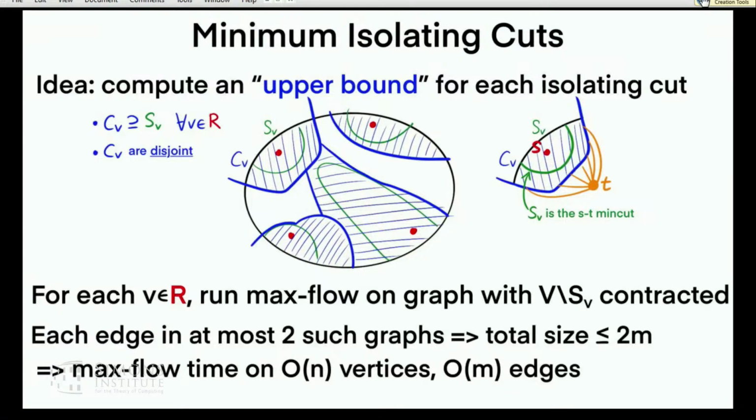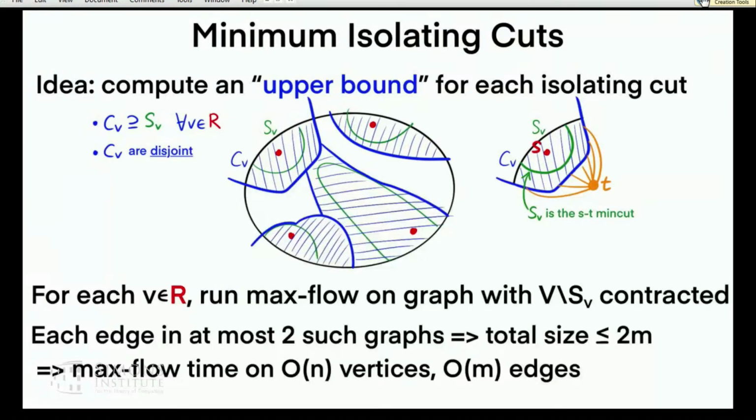So the total size of all the contracted graphs on which we run s-t min cut is at most 2m. And therefore, the total size of the graphs on which we run max flow is also at most 2m. And you can fold all of these graphs into a single max flow call on a linear number of vertices and edges. So that's the first step of the algorithm.